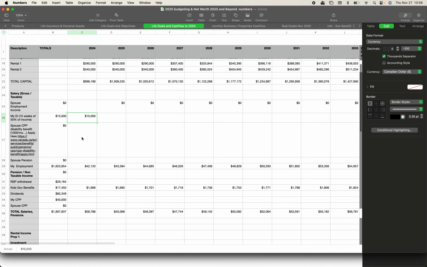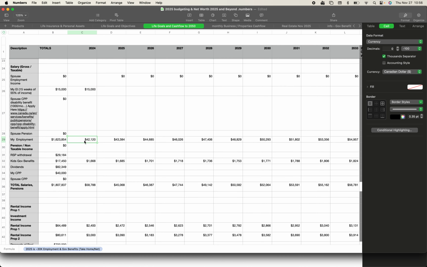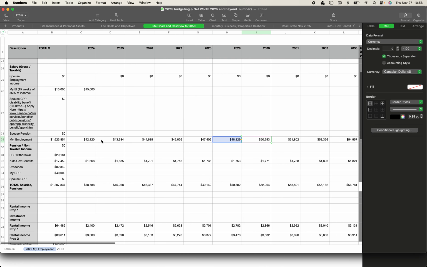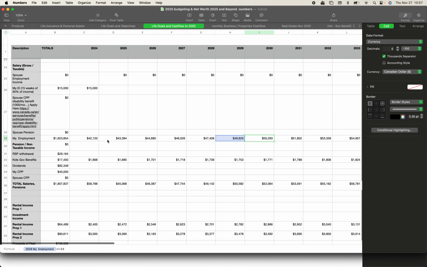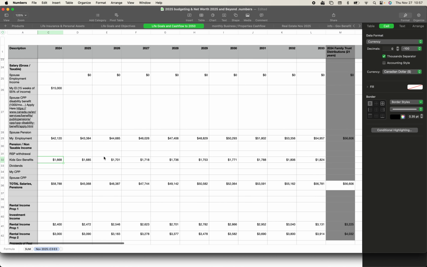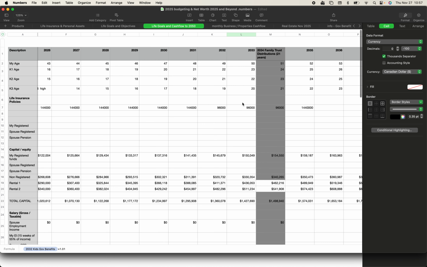So there's employment insurance if you've ever earned any of that. And then employment income. So we've got slight raises in income. Hopefully you're going to be making slightly more as you become more skilled at your job. And then the kids' benefits carry forward until they age out.